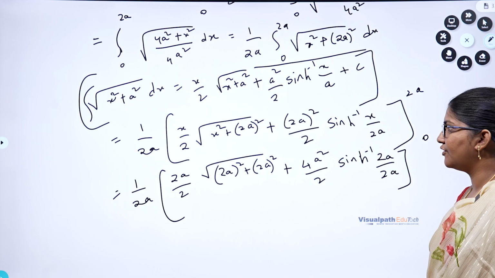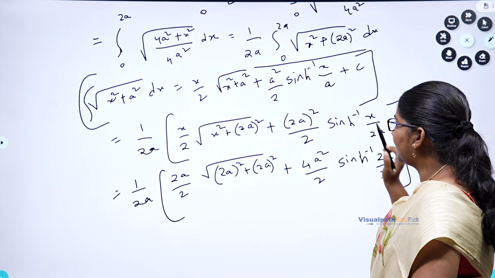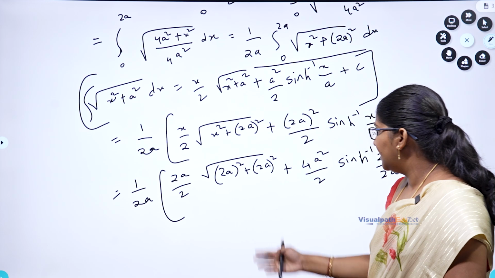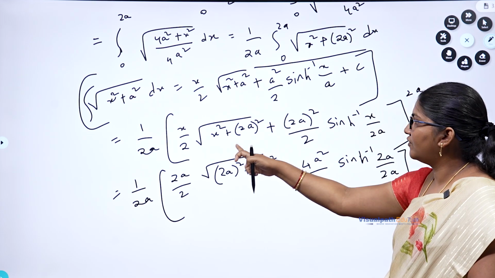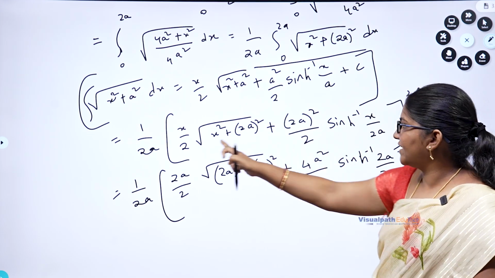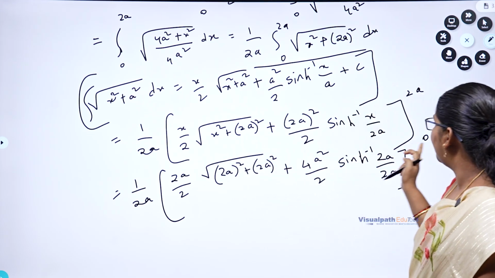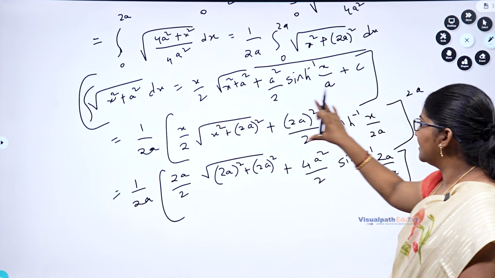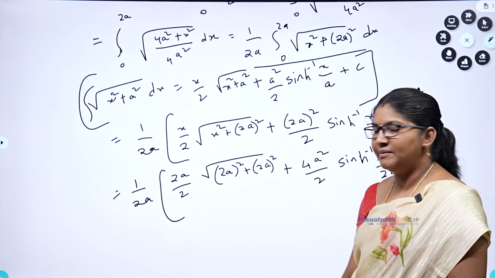The lower limit is 0, so that is completely 0. In place of x put 0, and sinh inverse 0 is 0. That is the reason this is completely 0 for the lower limit.